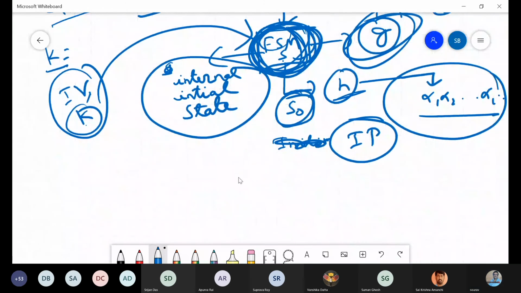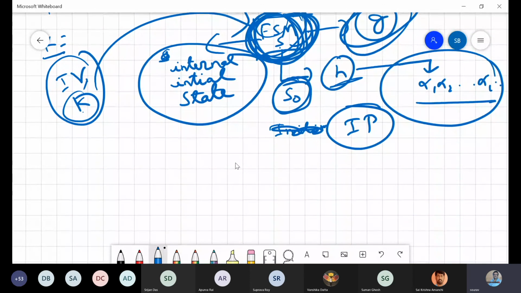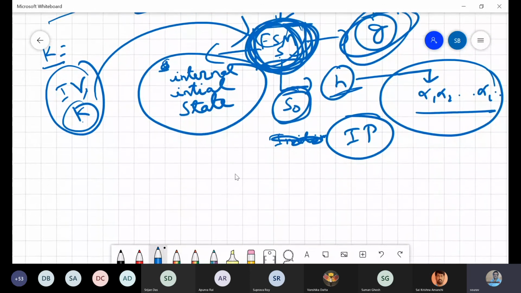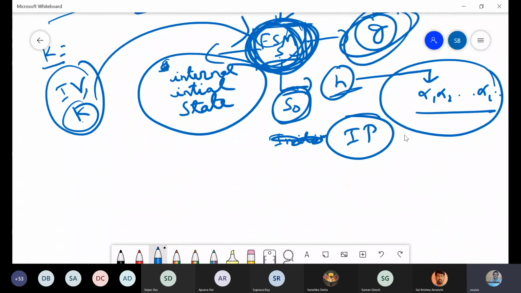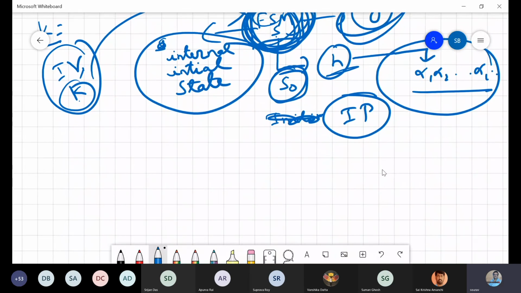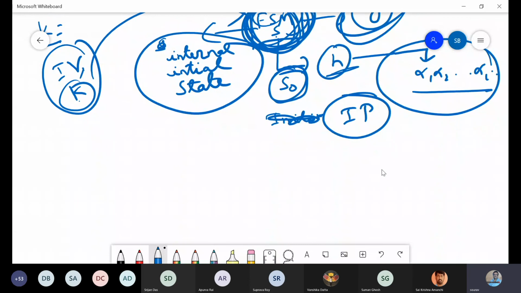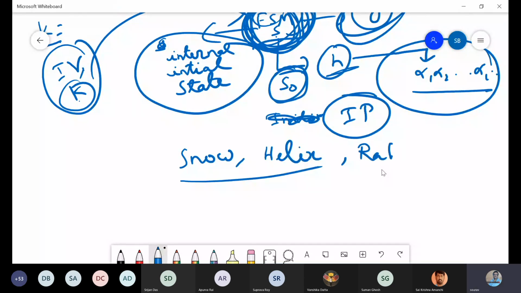Okay, good. And this is the encryption, and similarly Bob will do the decryption. Also, in modern stream ciphers we don't do this bitwise. We have a bulk of keystream, not a single bit. I suggest you look at some modern stream ciphers like Snow, Helix, Rabbit.